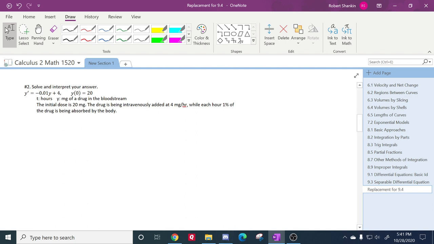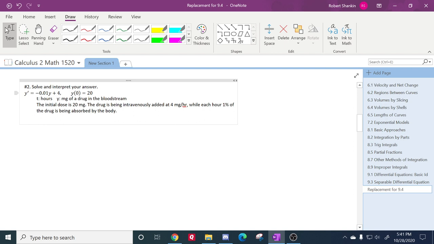Thanks. All right, number 2, similar kind of problem, but it's a little more complicated equation, and the plus 4 has a special interpretation. The drug is being intravenously added at 4 milligrams per hour.